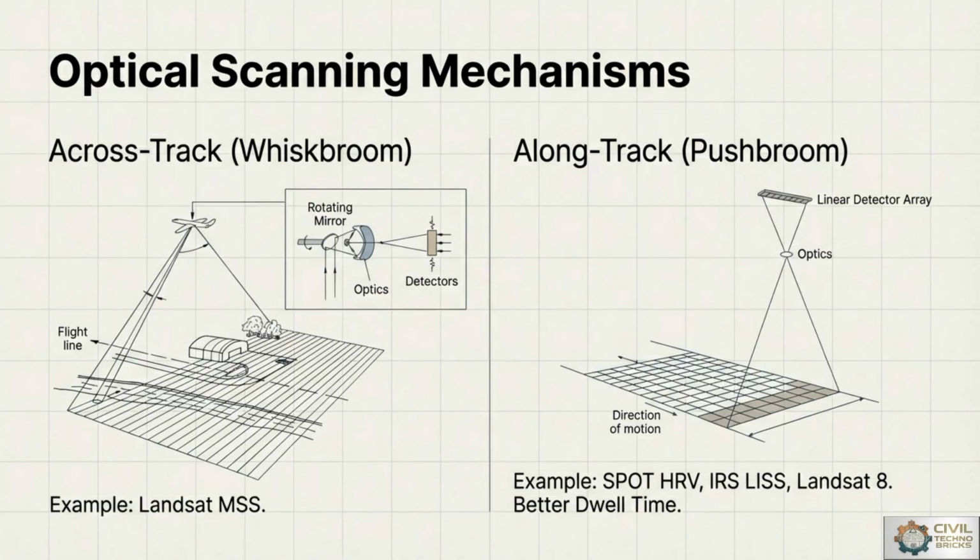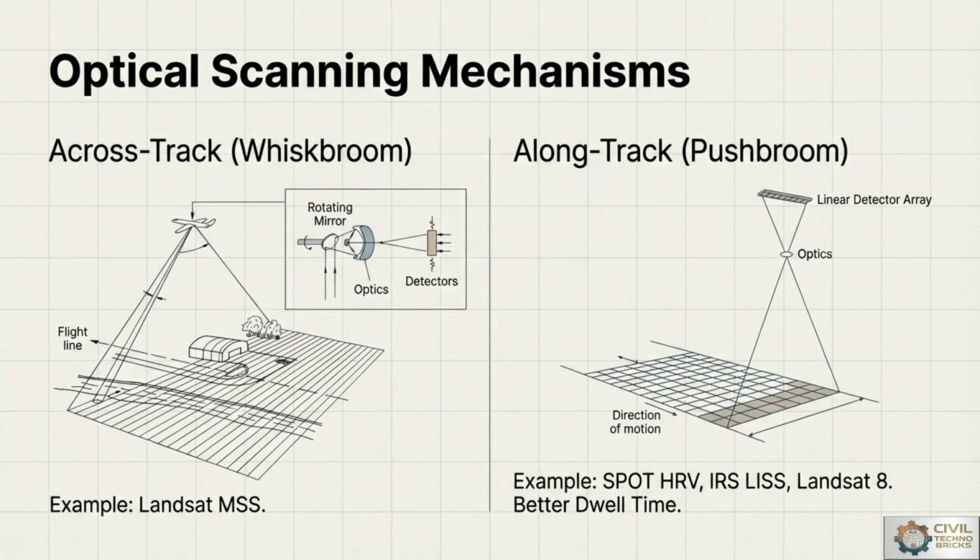Across track scanners use a rotating mirror to scan the earth surface line by line, but along track scanners use a linear detector array to capture an entire line simultaneously, as explained in the pictures. So the push broom system, that is the along track system, provides longer dwell time and improved radiometric quality.